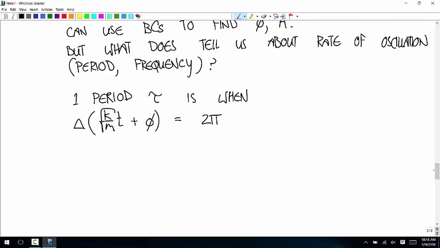If you take the change, with all this stuff at instant 2 minus all this stuff at instant 1, the phi goes away. So what we really want is where square root of k over m times tau is equal to 2 pi.